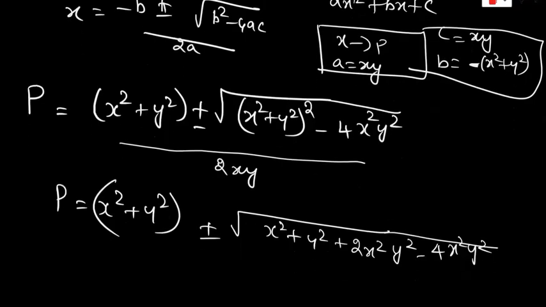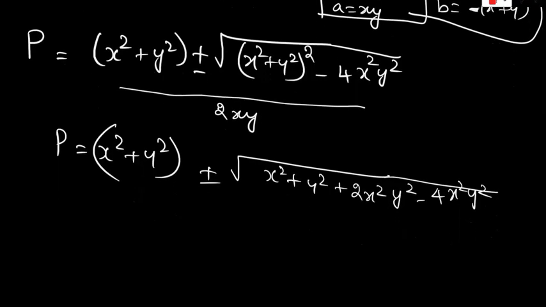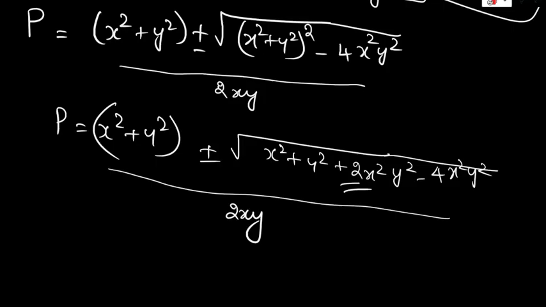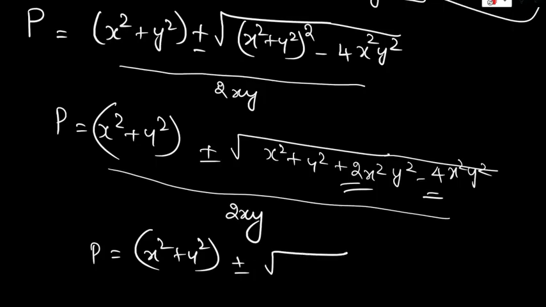Now if you see inside the bracket, the plus 2 and the minus 4 will combine. So we can write this as x square plus y square plus or minus root of (x square minus y square) the whole square. Correct?